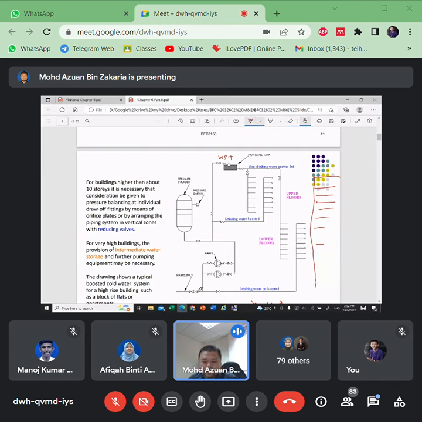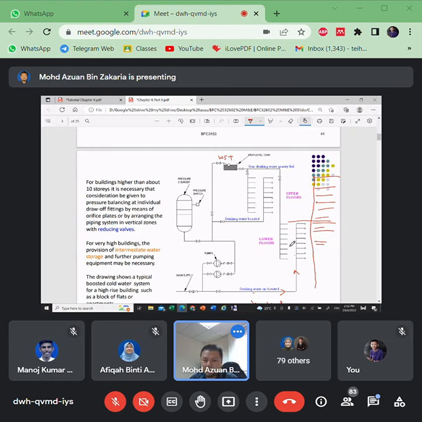From here, the main supply. In this house, you can see it receives direct drinking water boosted at this level. So it has two types of supply: one is drinking water, and one is non-drinking water from the water storage system.